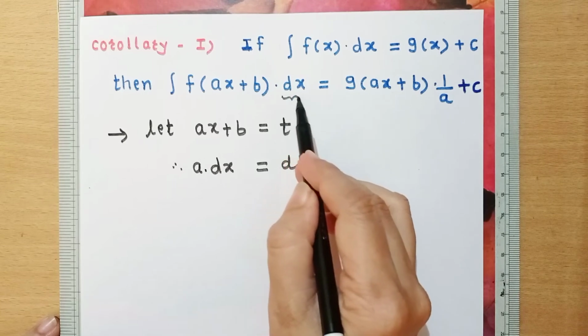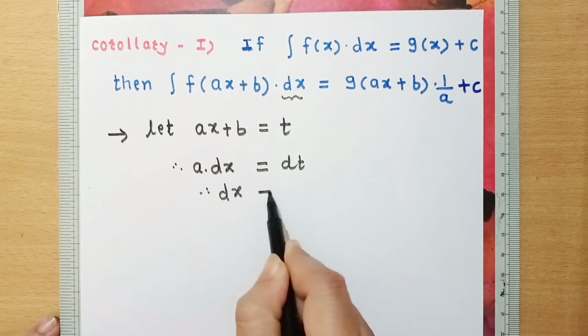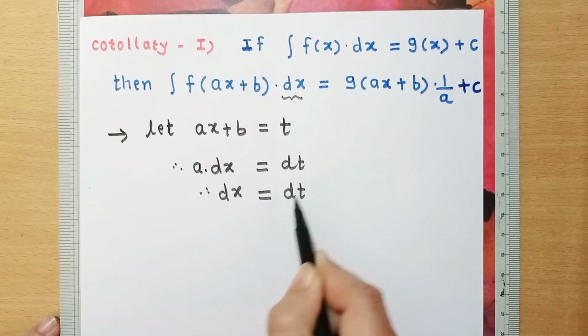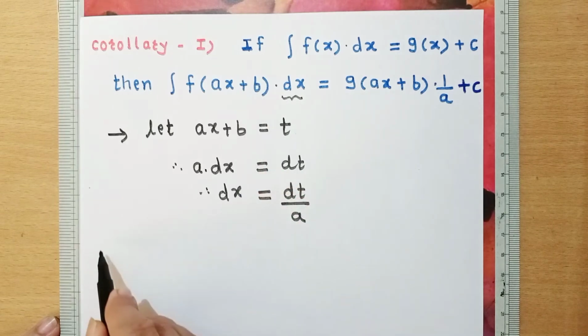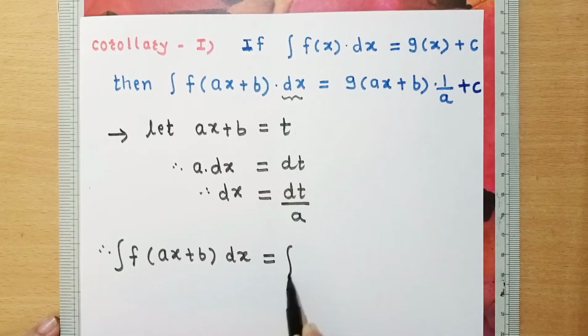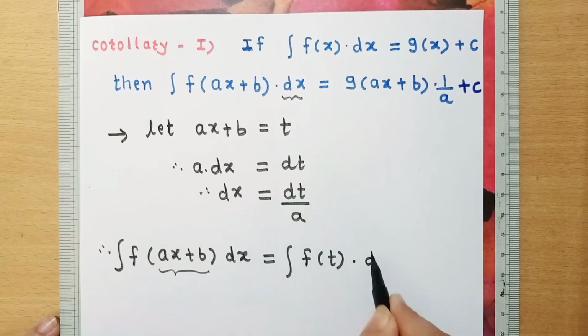Now we want the value of dx, therefore we will move this a to that side, so dx is dt upon a. Now we will substitute this and this in LHS, equal to integration f of t, and dx means dt upon a.